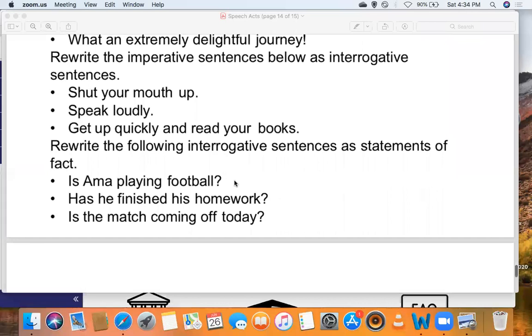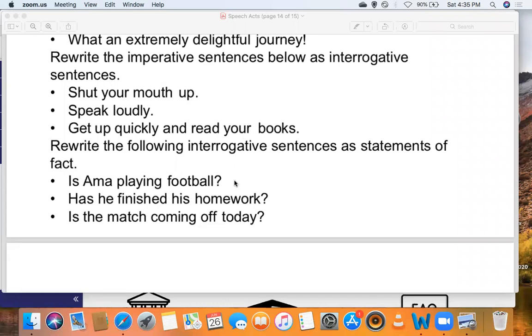Now, when you look at these sentences, you see that even after you've converted them to interrogatives, they still do the work of imperatives. So the interrogative, will you shut your mouth up? It appears like an interrogative, but it still does the function of an imperative. So it is performing both functions.